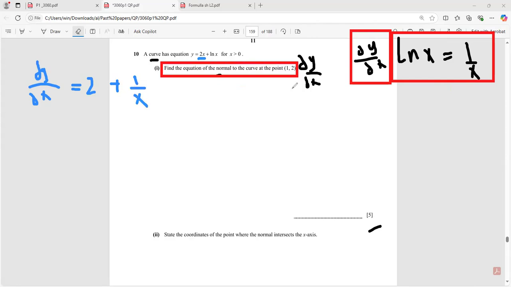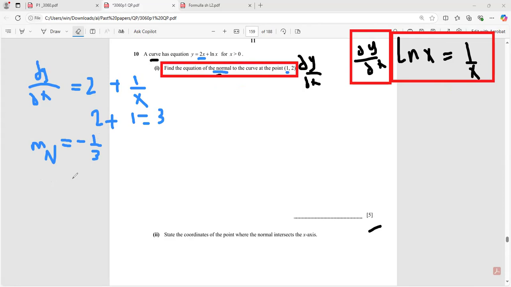Here we're going to put x equal to 1, so it is 2 plus 1, which equals 3. And here he wanted the normal, so the gradient of the normal will be equal to negative the flip, negative 1 over 3.